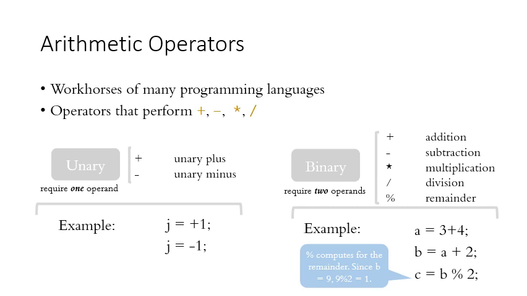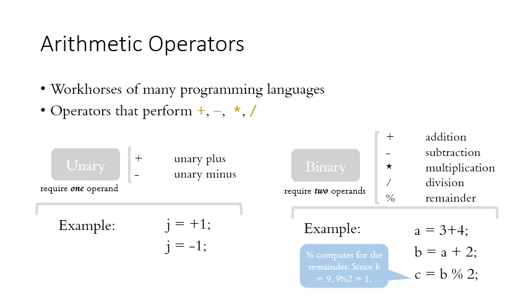Okay, so the binary operators, on the other hand, require two operands. Of course, these operators already look familiar to you. You have already learned that these operators, addition, subtraction, multiplication, and division, are used to perform basic mathematical operations.